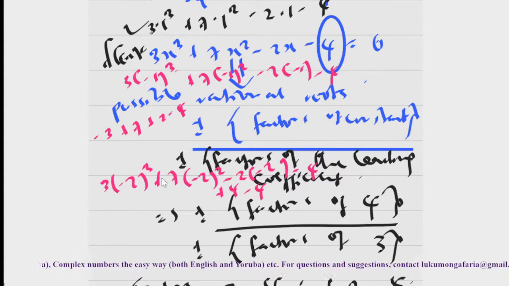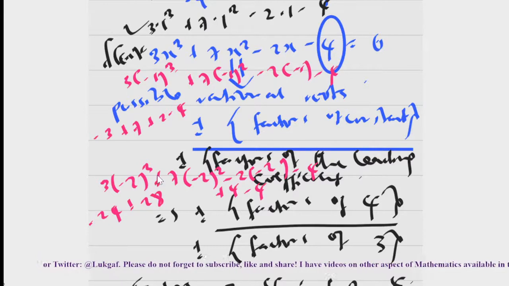This gives 0. And this will give you minus 8 times 3, that's minus 24. I hope you understand now. And this one will give me what? Minus 2 squared, that is 4, and 4 times 7, that is 28. So this will give me minus 24 plus 28. That is not true as well.